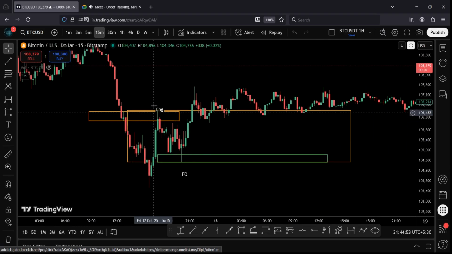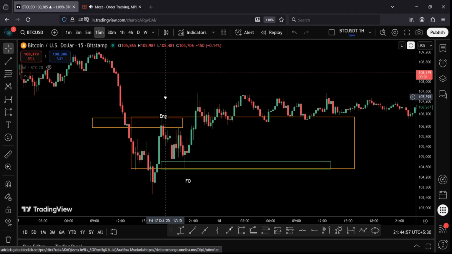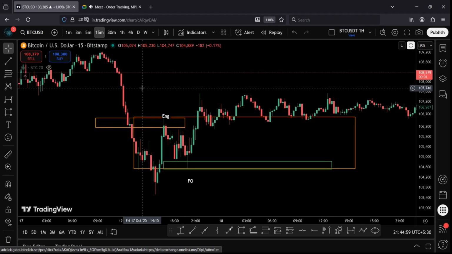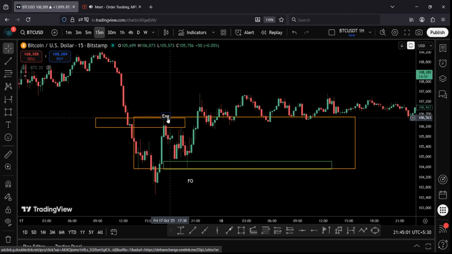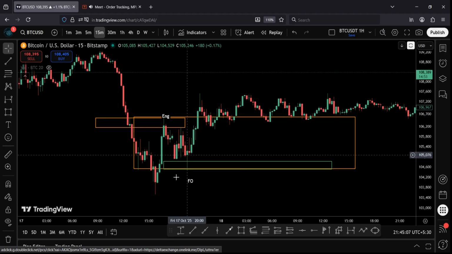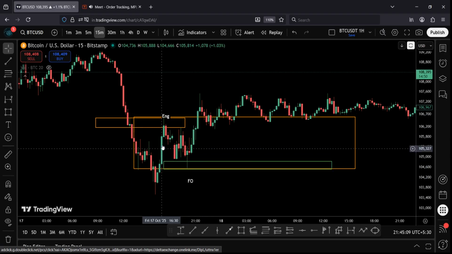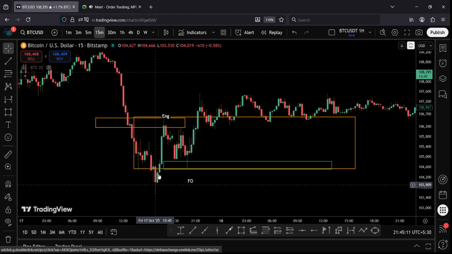This was a bullish scheme. We had an inverted chart. So what happened here? Price engulfed here, came back down. This is faking out, going up. But if you look here, price goes straight up. Price goes straight up. There was nothing.